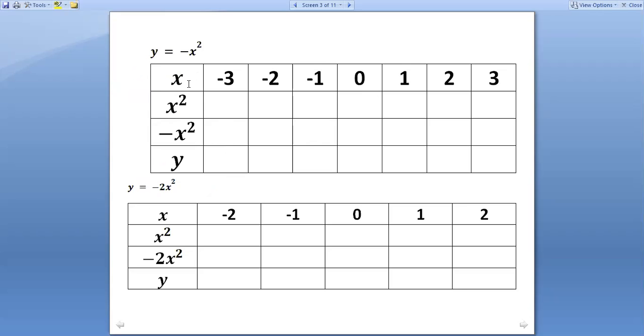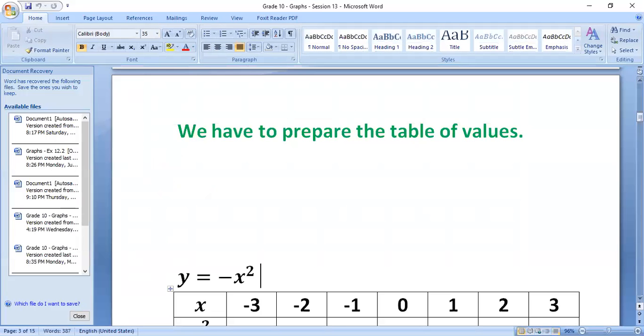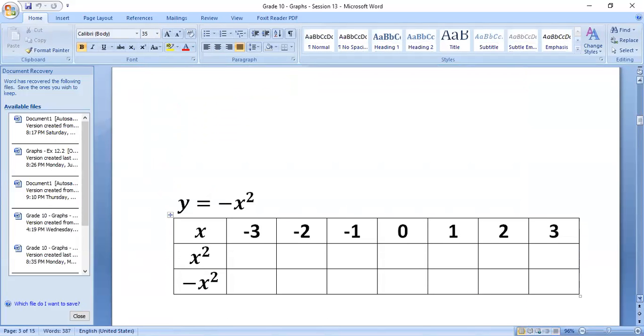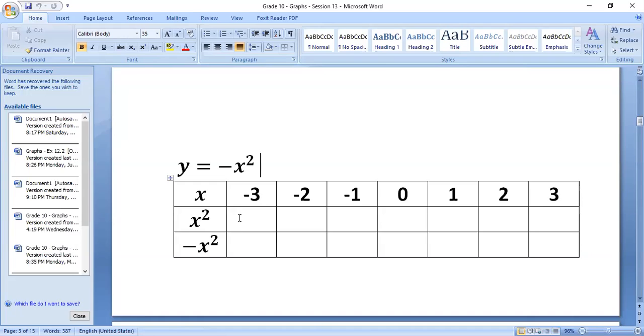First, I have taken the table of the value of the function y equals negative x squared. Now let us complete this table. When x is equal to negative 3, x squared is equal to 9.